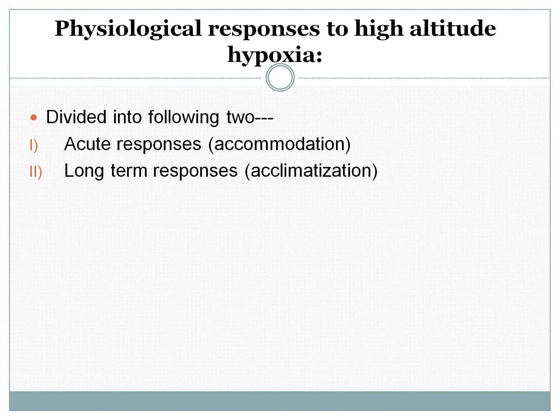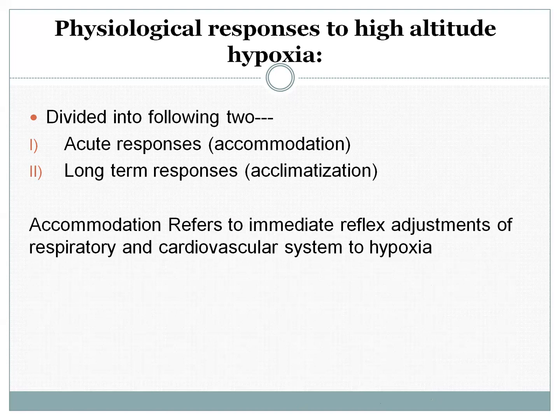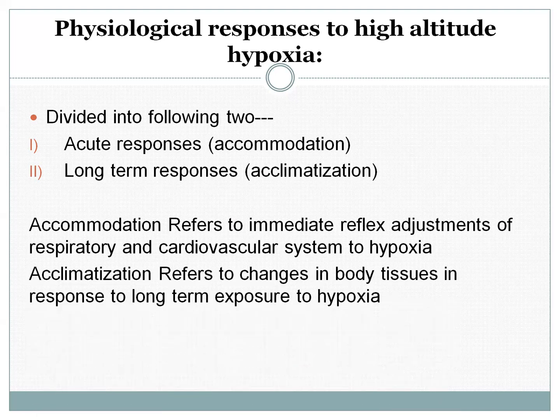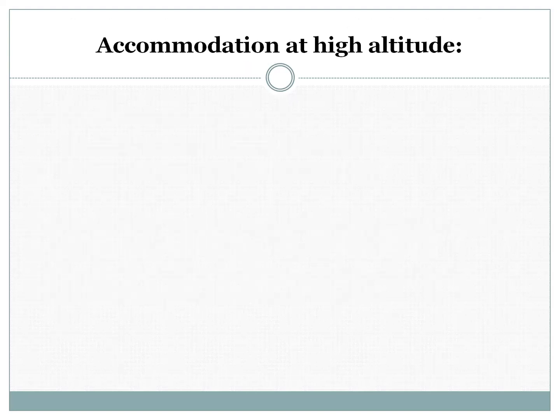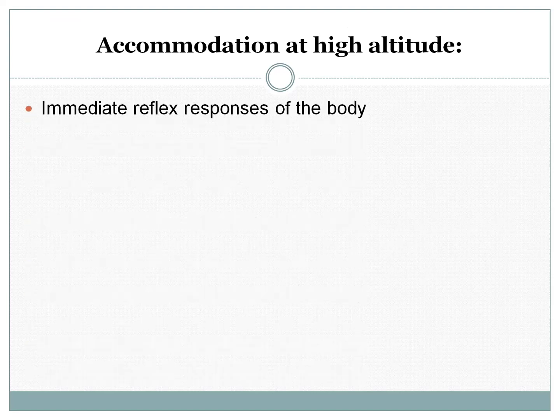Accommodation refers to immediate reflex adjustments of the respiratory as well as the cardiovascular system to hypoxia, whereas acclimatization refers to the changes in the body tissues in response to long-term exposure to hypoxia. Very commonly, this question is asked in the examination. Now, what is accommodation? That is immediate reflexes.